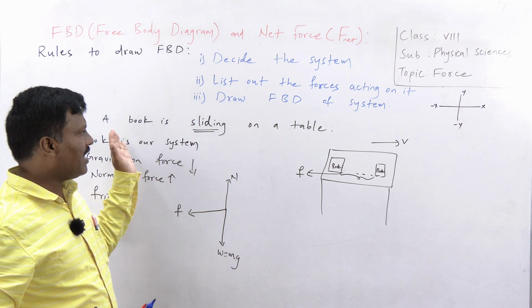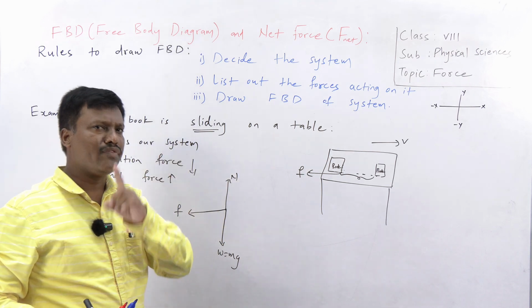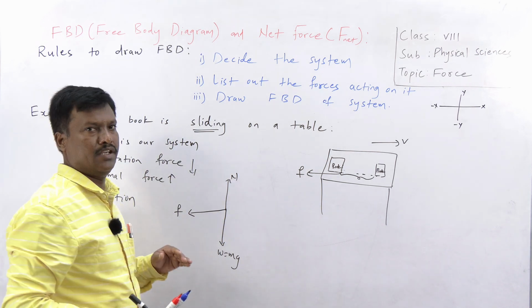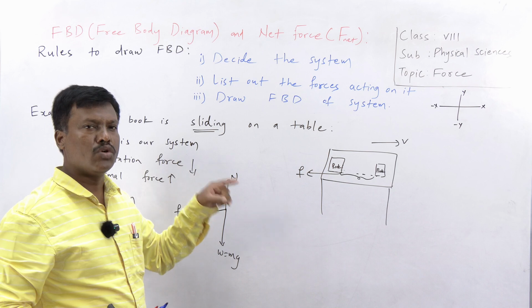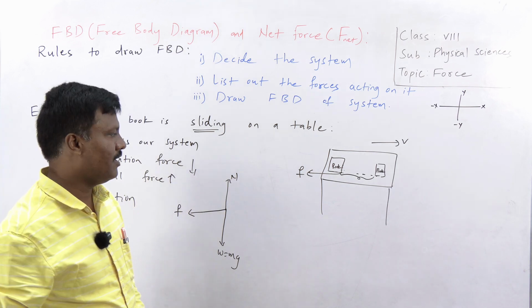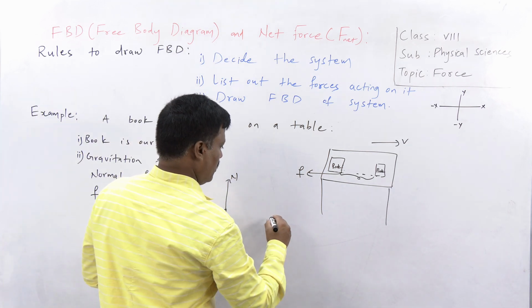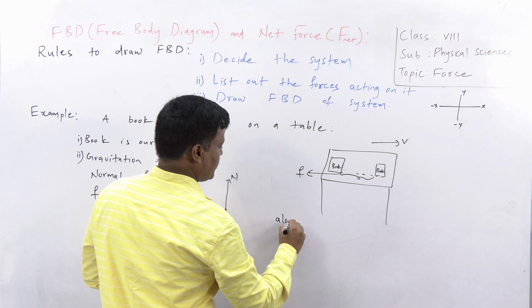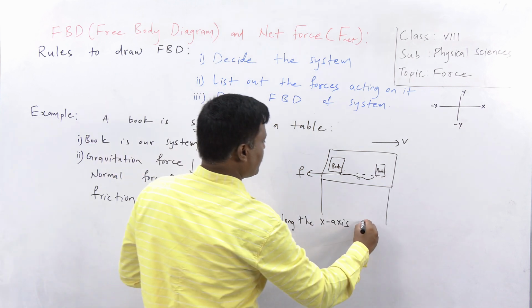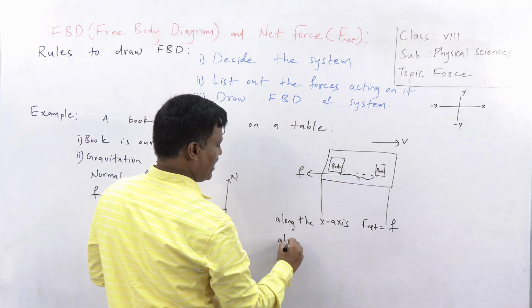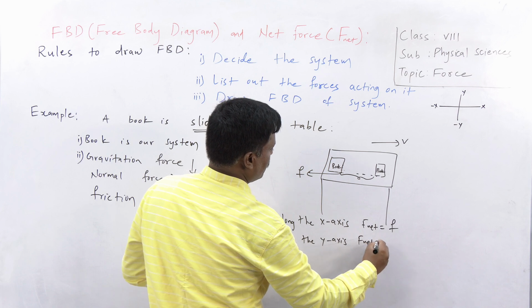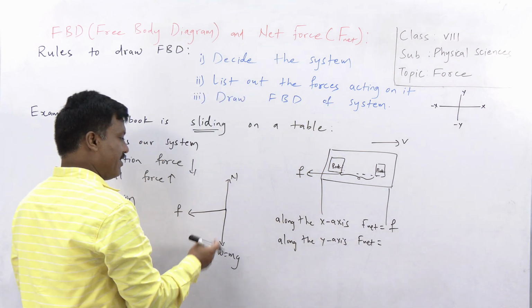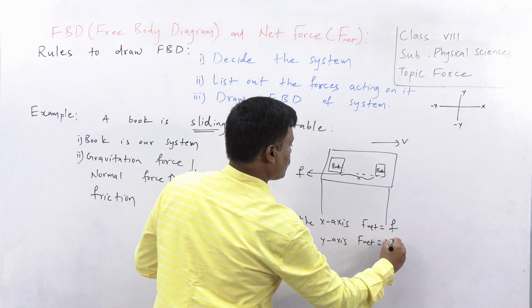Now when the book is sliding on the table, what is the net force acting on the book? Friction. Due to that net force, this book slows down. Okay? Right. So along the x-axis, net force is equal to only the frictional force. But along the y-axis, net force is equal to gravitational force minus normal force.